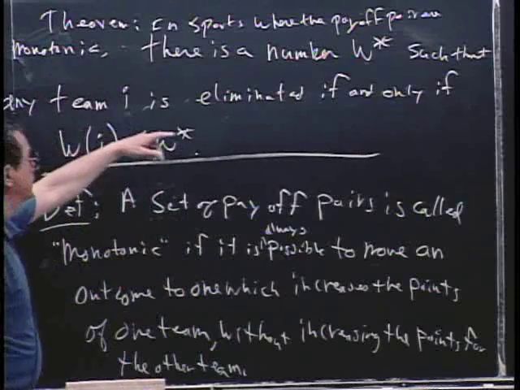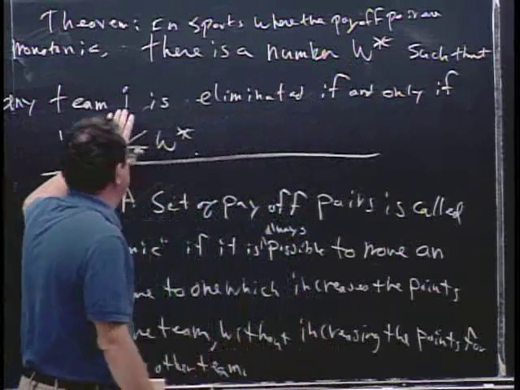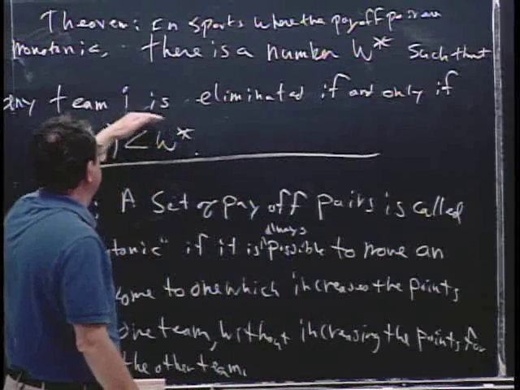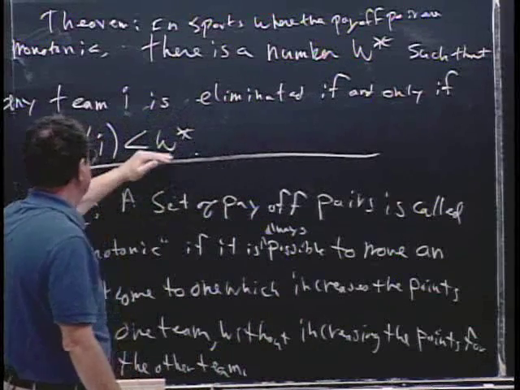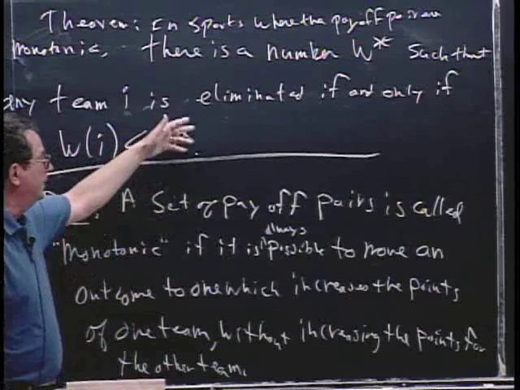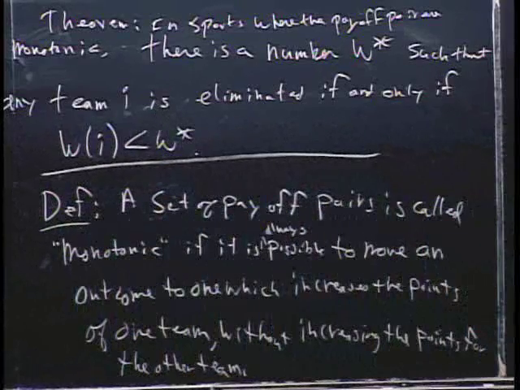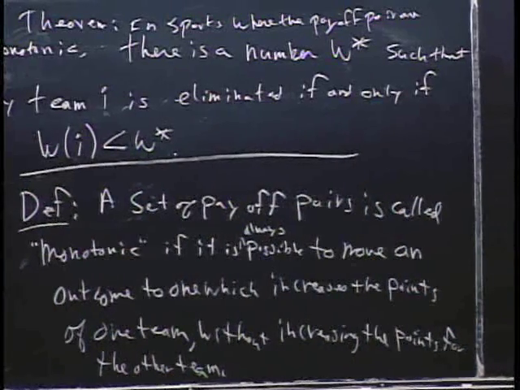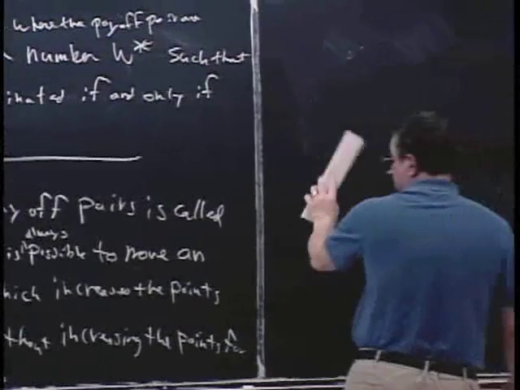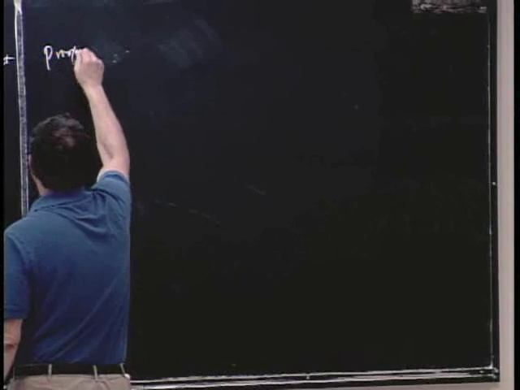Then there's this number W star, which is independent of team i, such that team i is eliminated if and only if Wi is less than W star. Okay? So we'll see in the proof of this that we need the monotonicity property at one point. And without the monotonicity property, it won't go through.